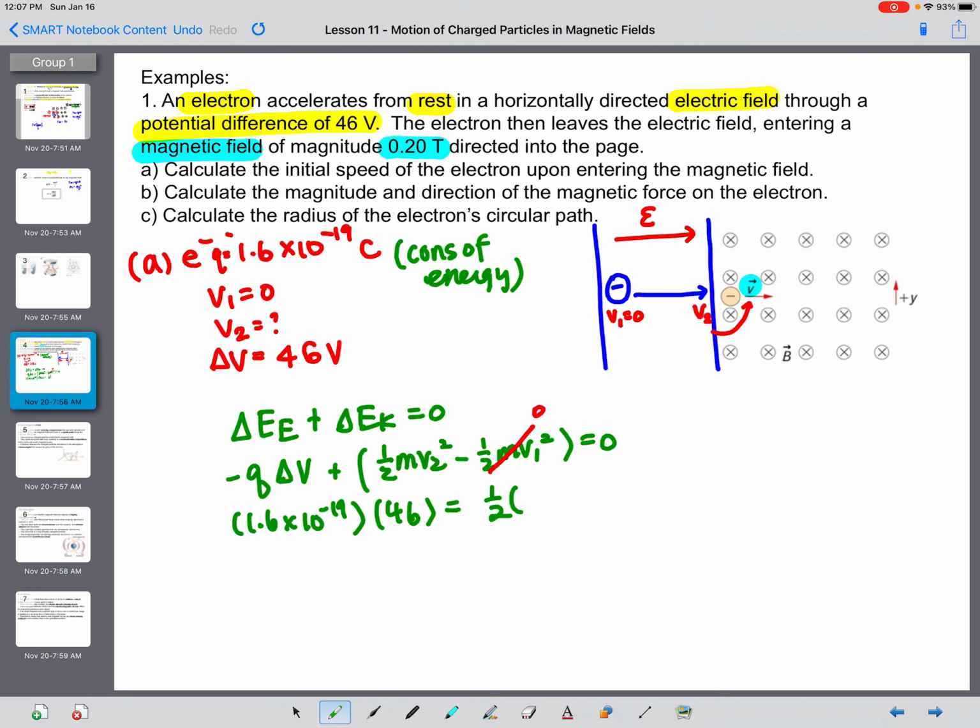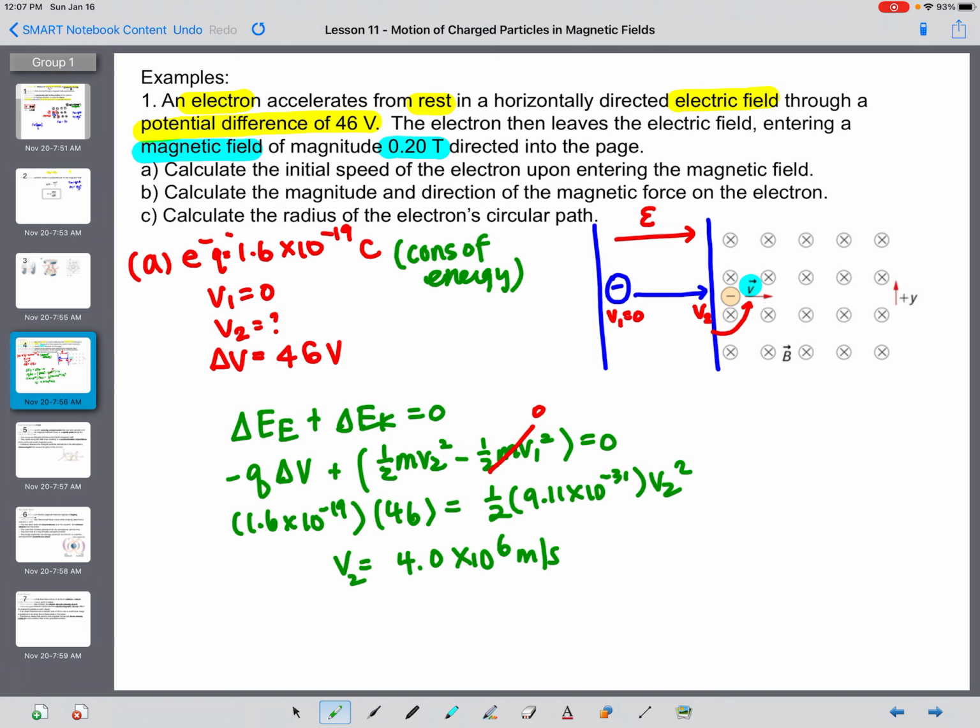The mass of the electron, I didn't write it down, is 9.11 times 10 to the negative 31. Solve for V. Okay, 4.0 times 10 to the 6.